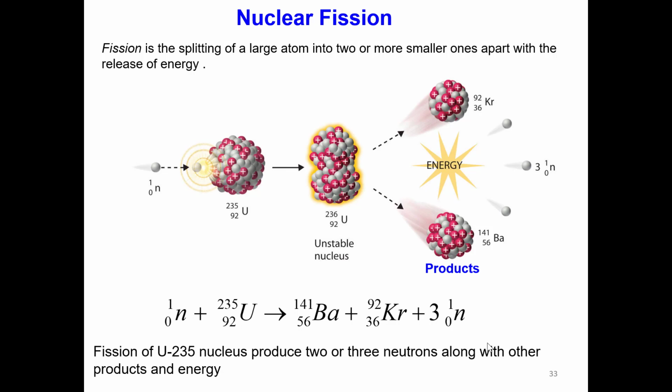We can see that if in the equation we have on one side 1 neutron and a heavy or large nucleus, then in the products we will always have 3 neutrons plus a few more isotopes, usually with a larger atomic number, like 36 or 56.